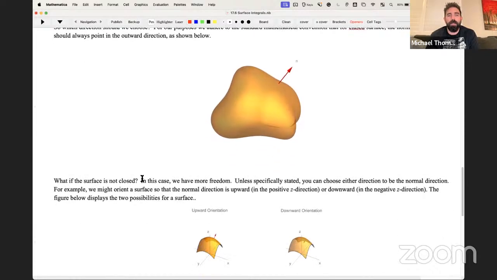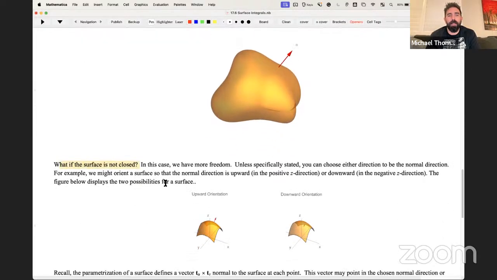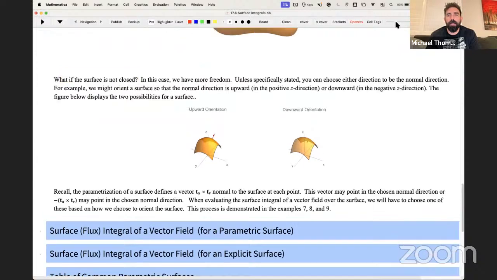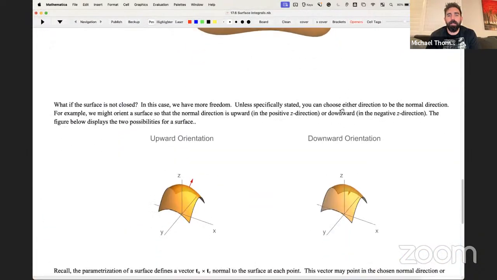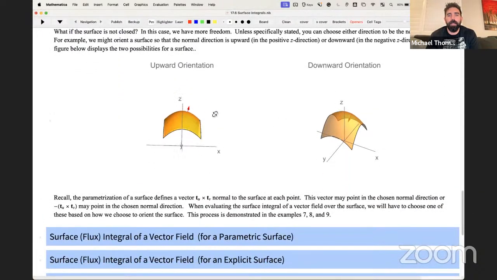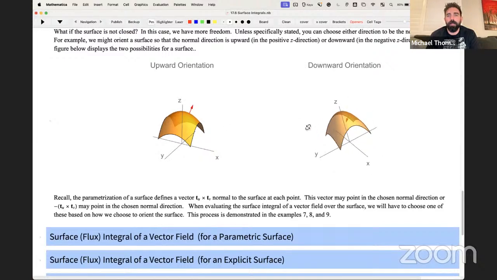But the question is, what if the surface is not closed? Like these guys. Both of these surfaces, essentially the same surface, they're not closed. So what do you do in this case? Well, you have the freedom to choose whichever direction you define to be the normal direction. For example, in this one, we're defining the normal direction to point upward.